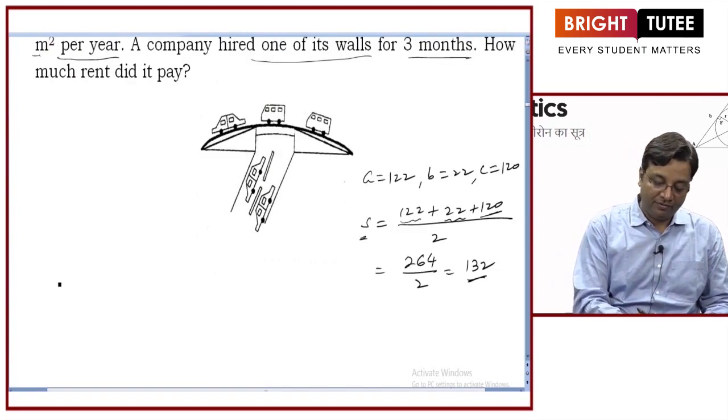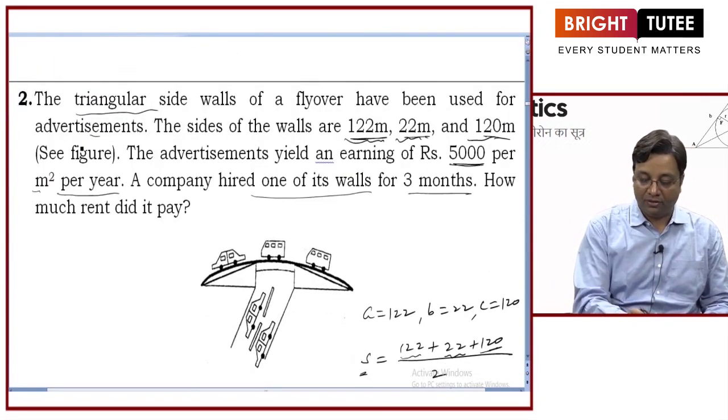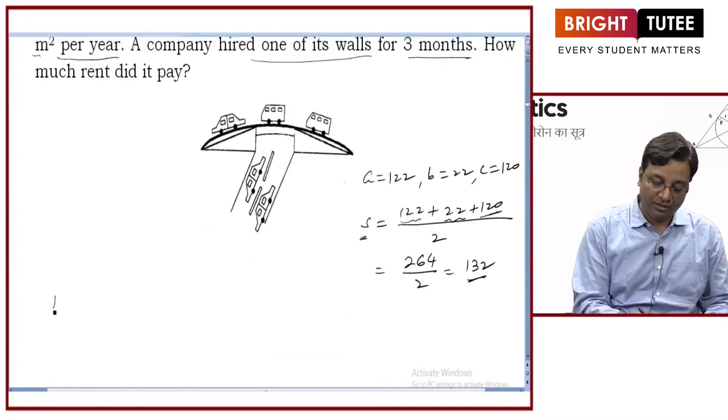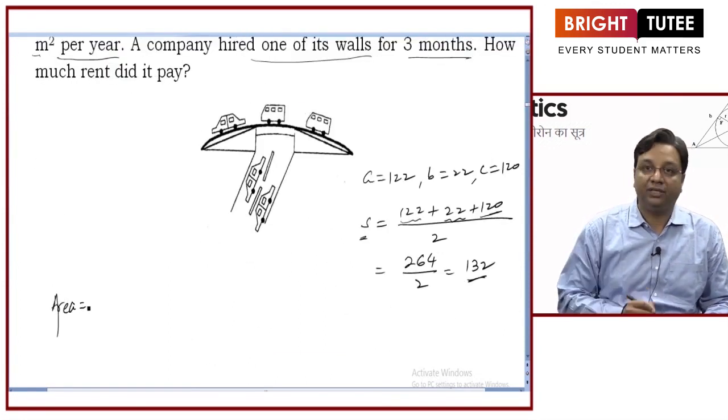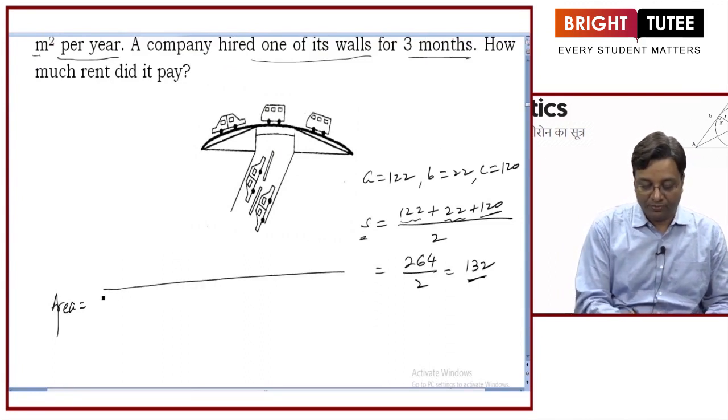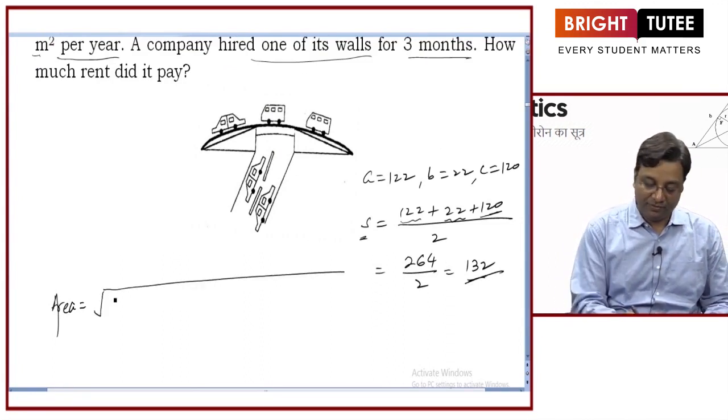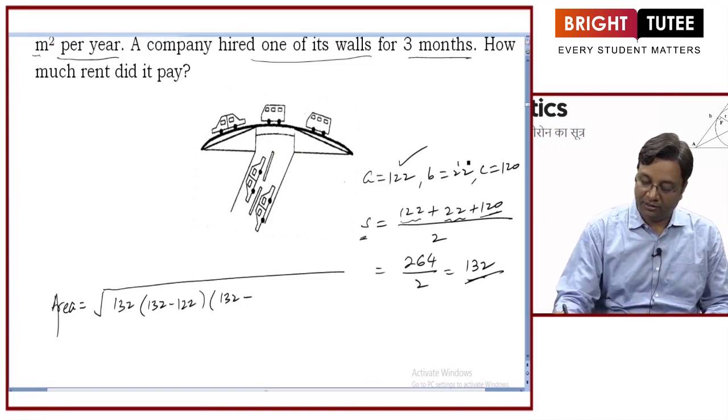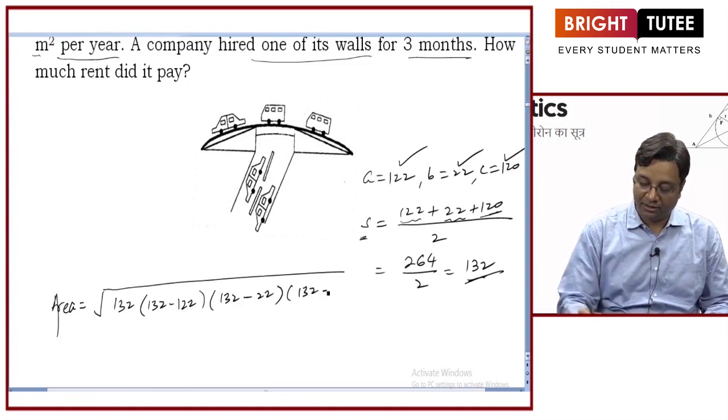Now, I can directly find the area of this triangular region. The area that we are looking for is equal to the square root of semi perimeter 132, into S minus A, 132 minus this side, 132 minus this side, and then 132 minus this side.